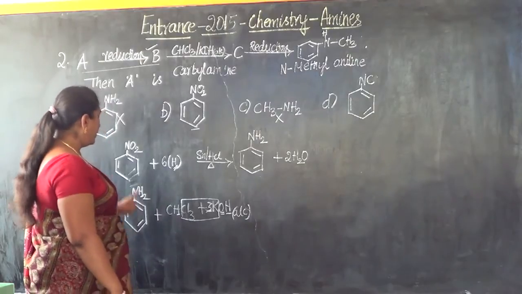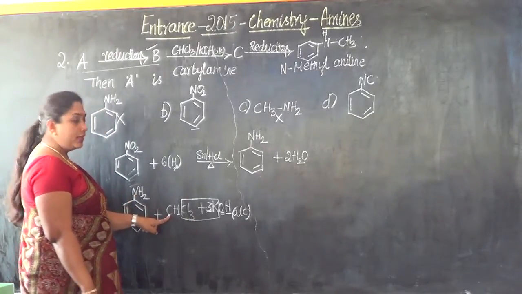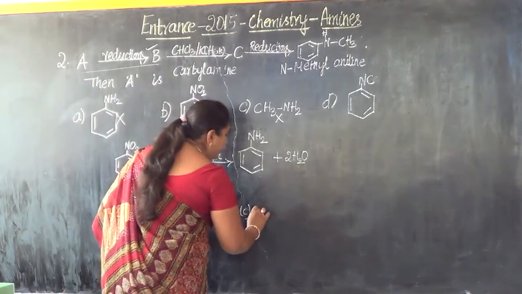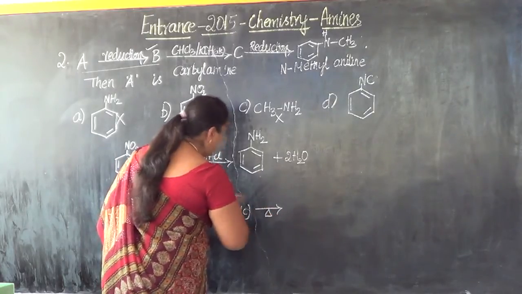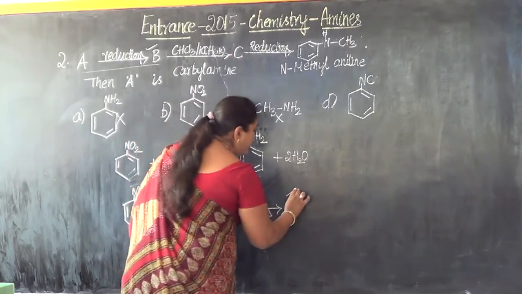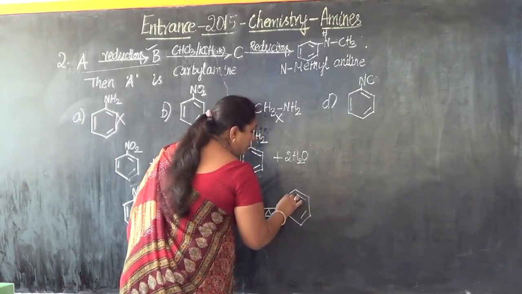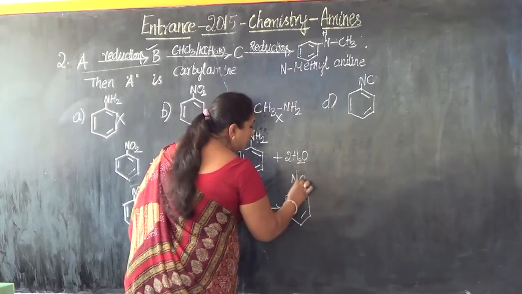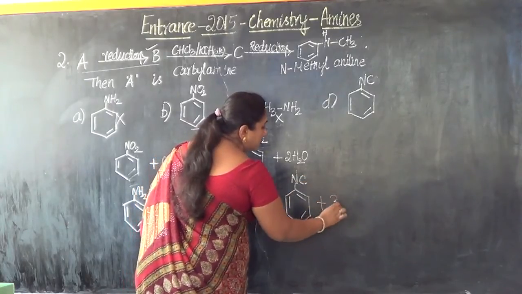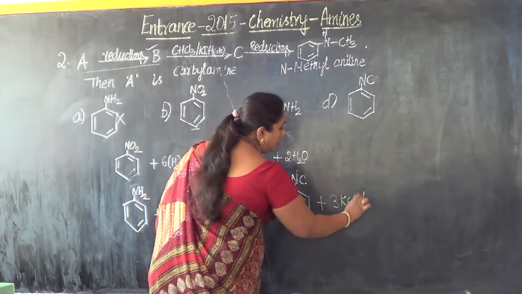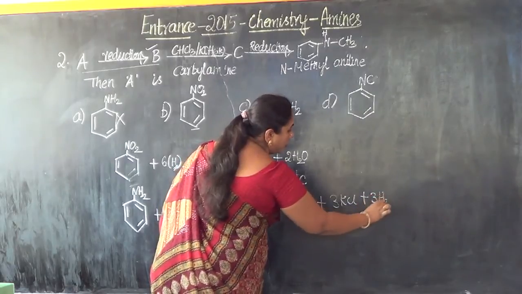Upon heating, the product is N linked with C, plus 3KCl plus 3 molecules of water.